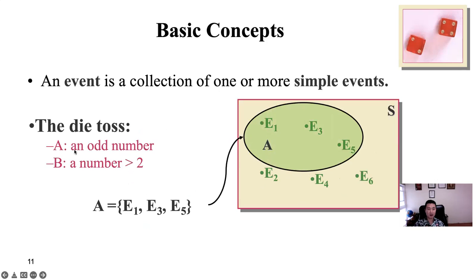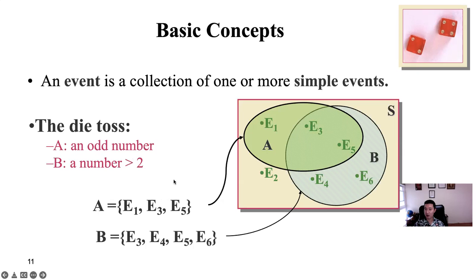So event A, odd number, will include 1, 3, and 5. Event B is a number larger than 2, which will include 3, 4, 5, and 6.